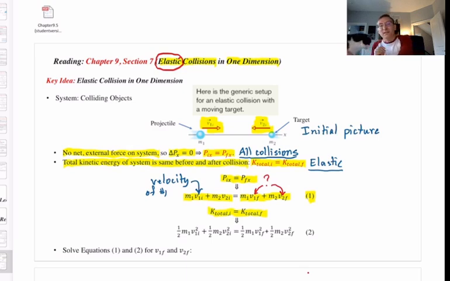So let's write that in symbols. Okay? So first for the initial: 1/2 M1 V1 initial squared. That's the kinetic energy of particle 1 before the collision. Plus 1/2 M2 V2 initial squared.